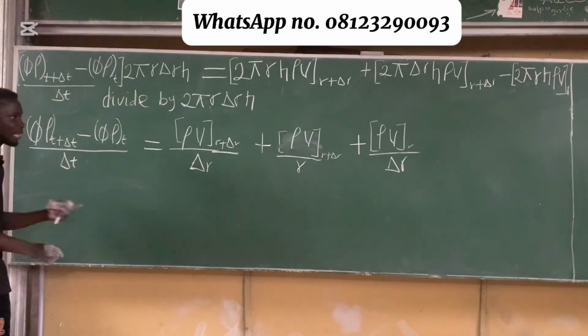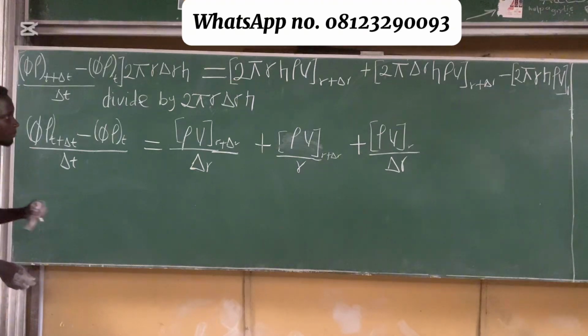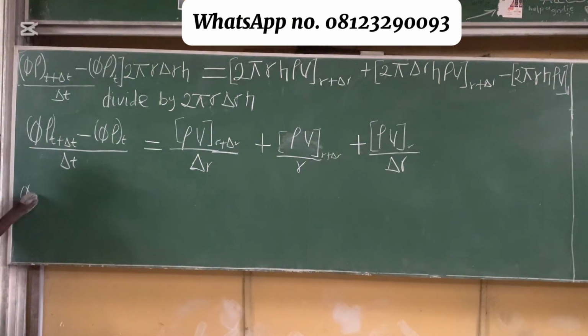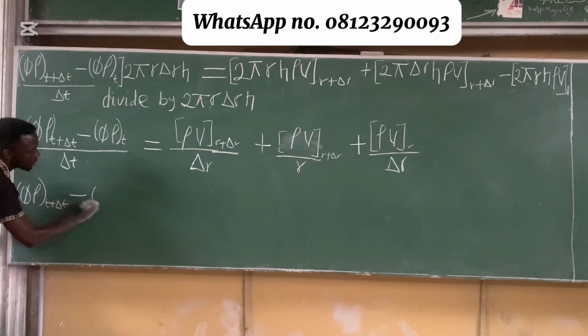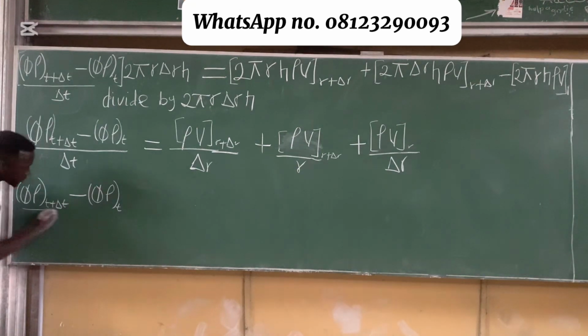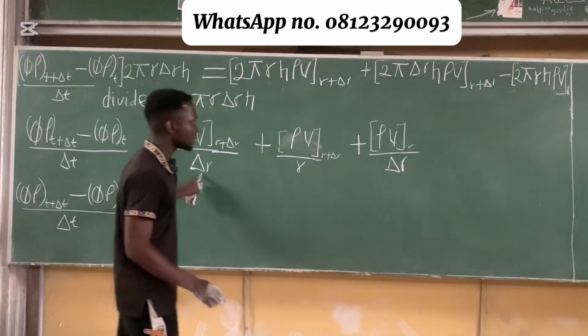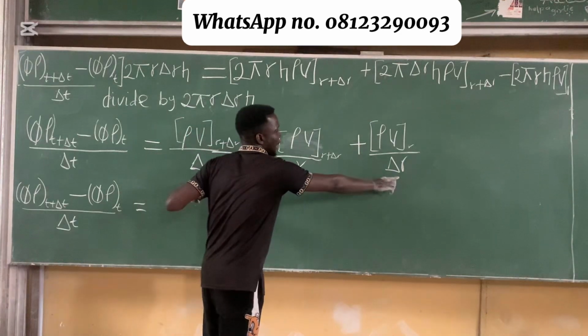Since we have this, the next step now is to collect like terms. To collect like terms, this will give us phi rho at t plus delta t minus phi rho at t divided by delta t will be equal to, now if you look at this, this is divided by delta r, this is divided by delta r.